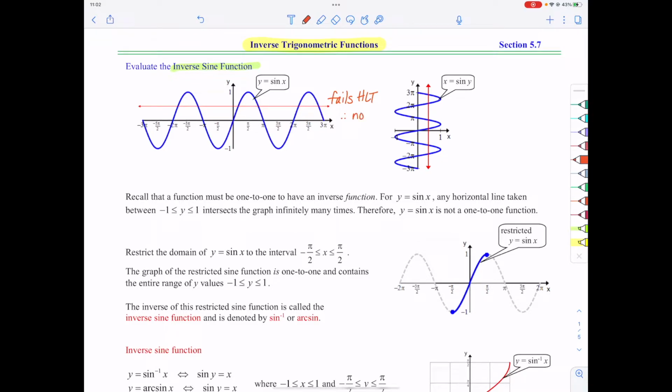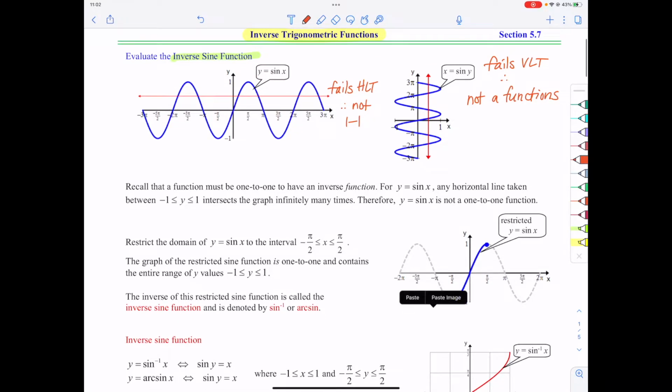Therefore, it's not one-to-one. So an inverse doesn't exist for y equal to the sine of x, as you can see over to the right, because this graph is not a function. It fails the vertical line test, therefore not a function.